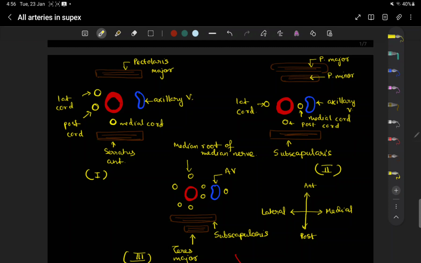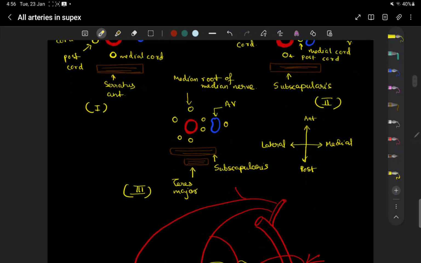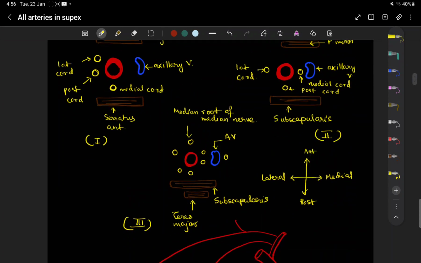Okay, done. Next, in the third part, if you break these cords you will find out the relations. The medial cord has branches, those which are right between the axillary artery and the axillary vein. One is the medial cutaneous nerve of forearm, and another is the ulnar nerve.